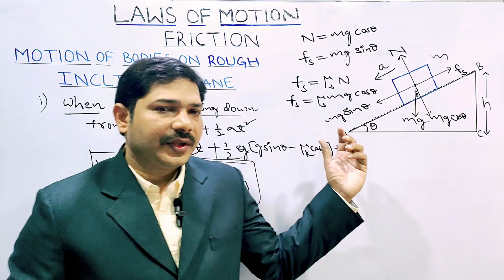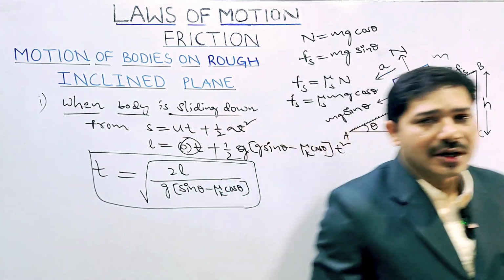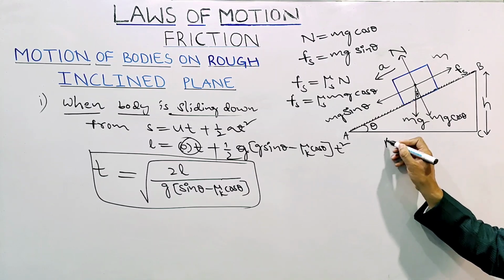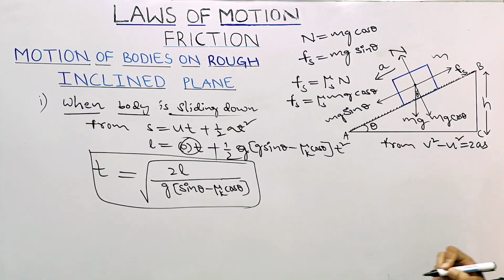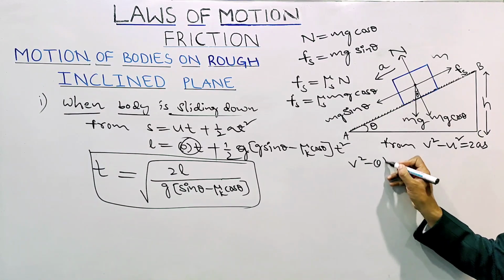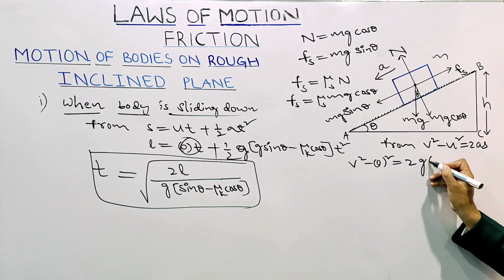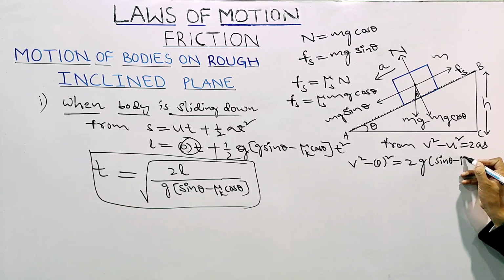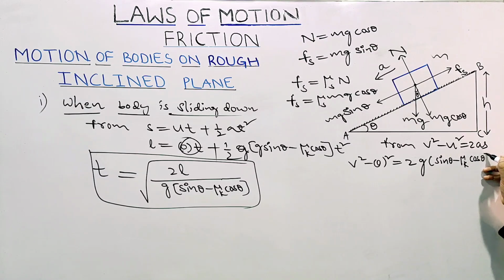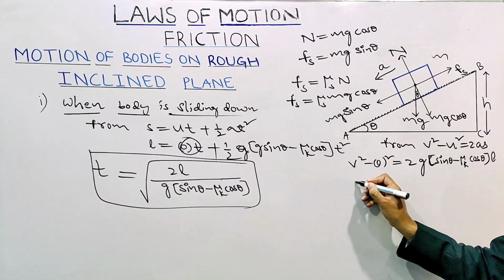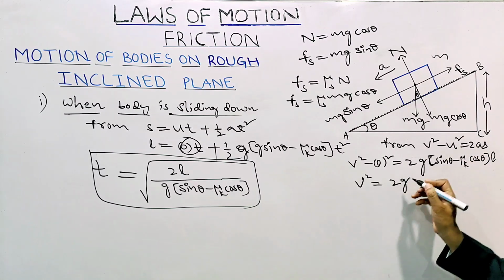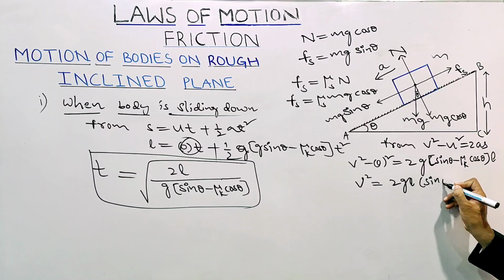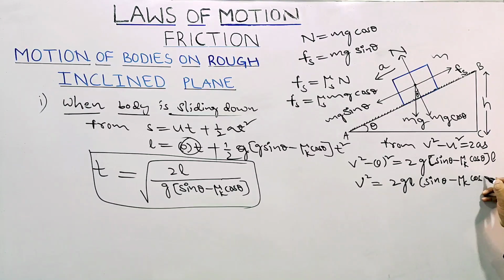At what velocity does it reach the bottom? For that I am taking the formula v square minus u square equal to 2as. So v square minus 0 square is equal to 2 into a, which is g of sin theta minus mu k cos theta, into displacement, which is L. So v square is equal to 2gL into sin theta minus mu k cos theta.